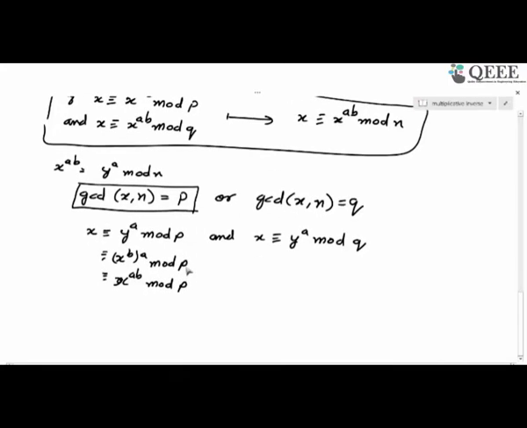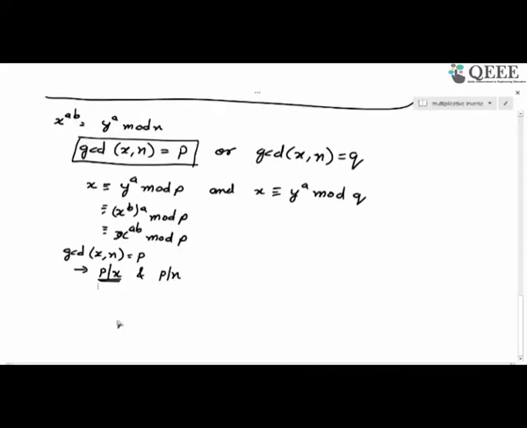Now, since the GCD of x and n is p, this implies that p divides x, and as we know p divides n. So let's look at this part where p divides x. Therefore we have some number, let's call it k, such that p into k equals x.